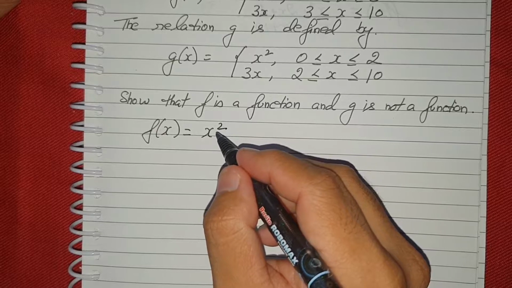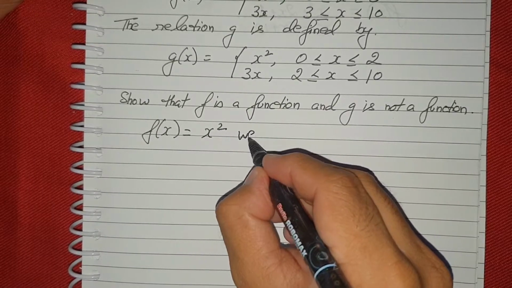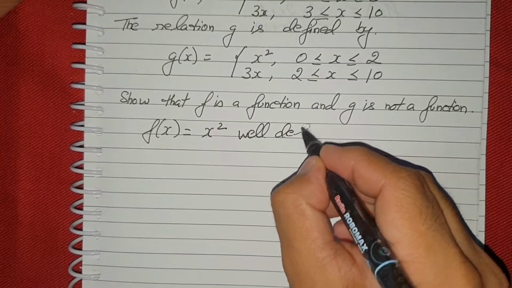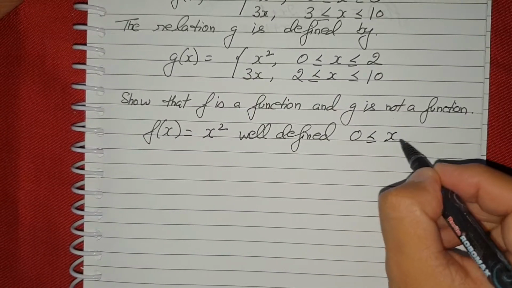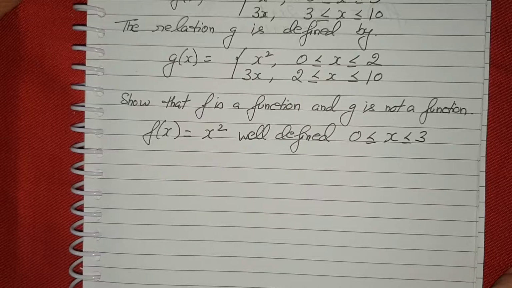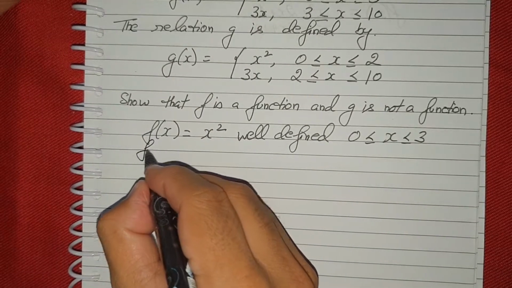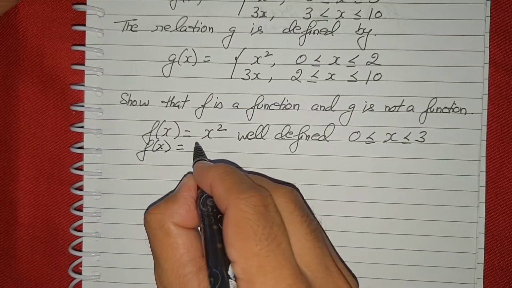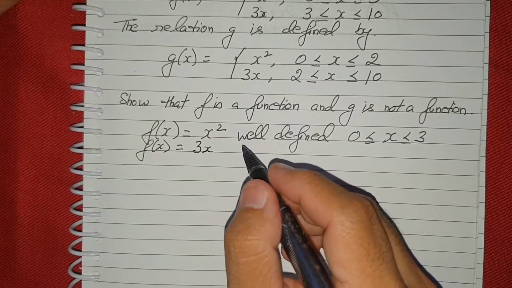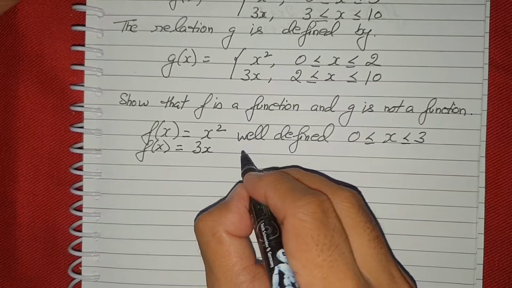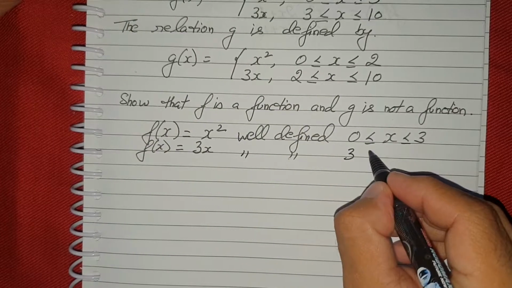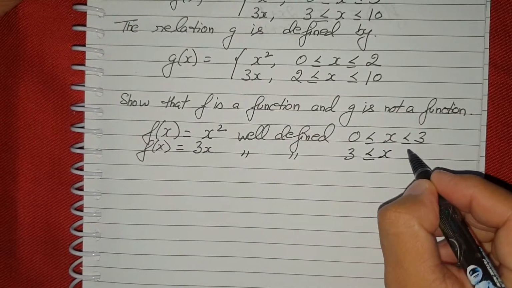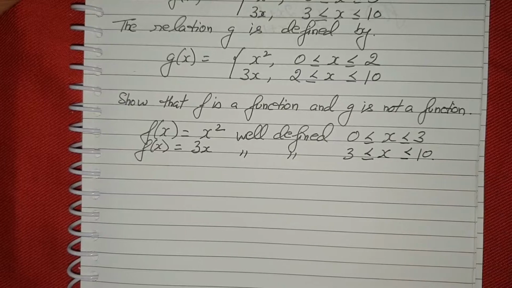Now this is well defined in 0 less than or equal to x less than or equal to 3. That's what is given to us. Similarly, f(x) equals 3x is also well defined in 3 less than or equal to x less than or equal to 10.